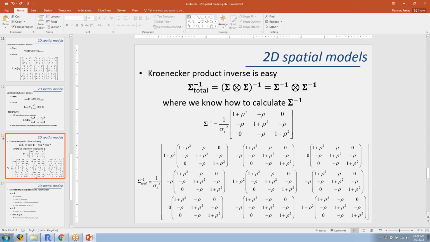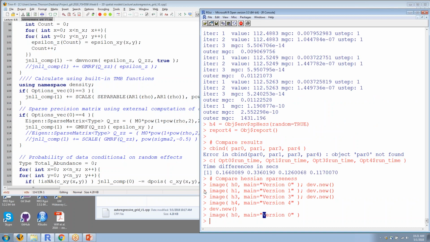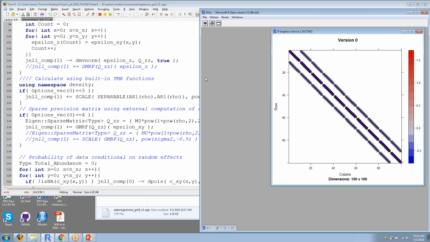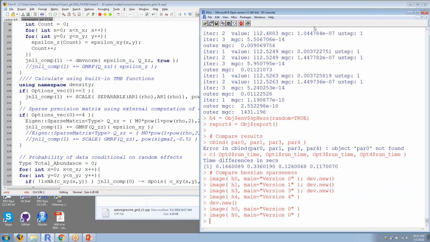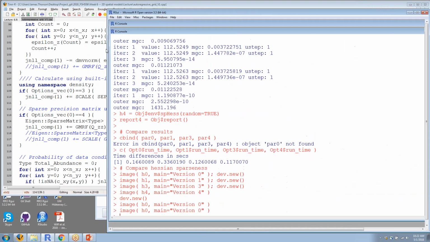We saw that structure in the Hessian when we plotted it. So this Hessian has this particular structure, and we can hardwire that calculation by using 3 matrices.